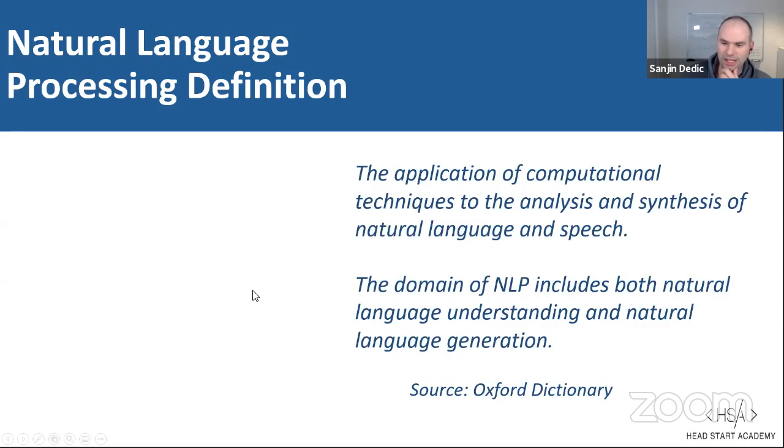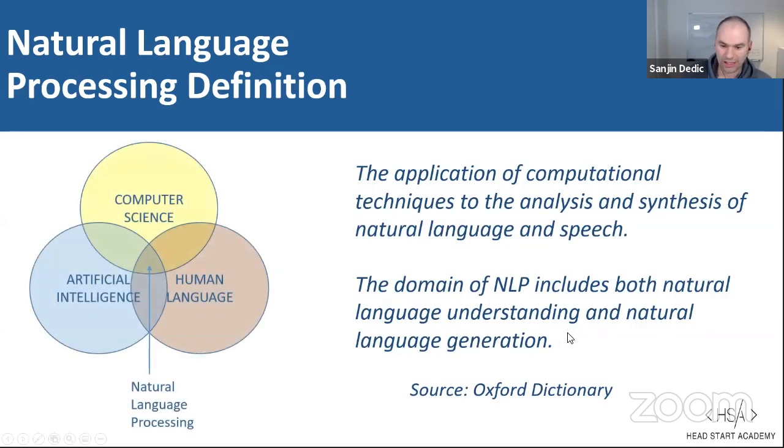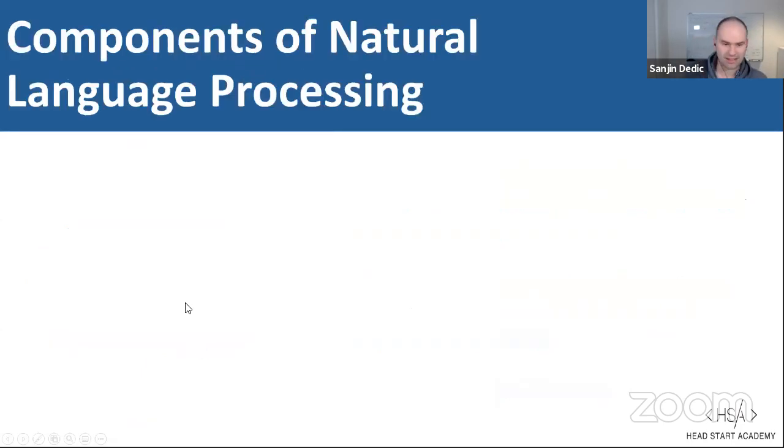The domain of NLP includes both natural language understanding and natural language generation. Up until recently, the generation was the very hard part, and something changed in July. So we're going to get a bit of an insight into that. But if you want to know what natural language processing is, it's the intersection of computer science, artificial intelligence, and linguistics. So that's that in a graph.